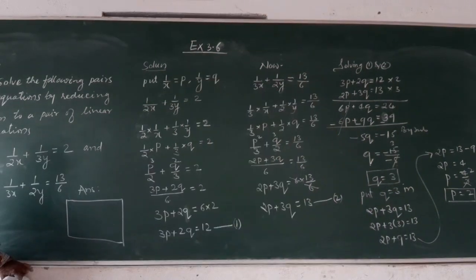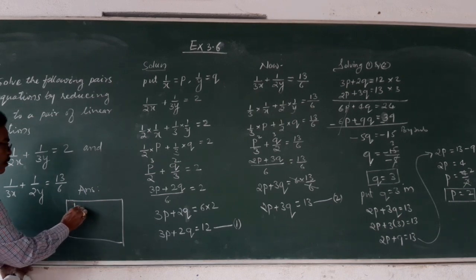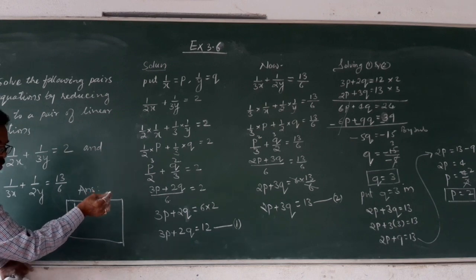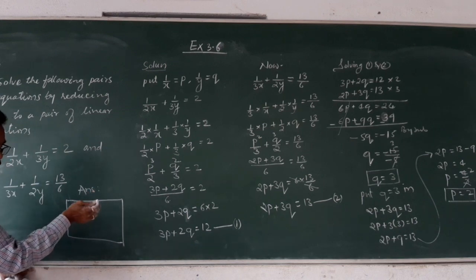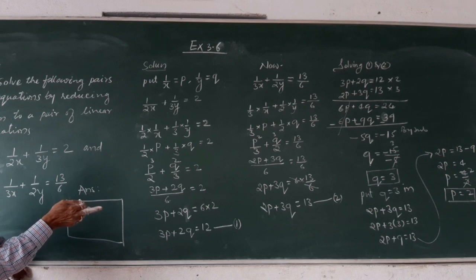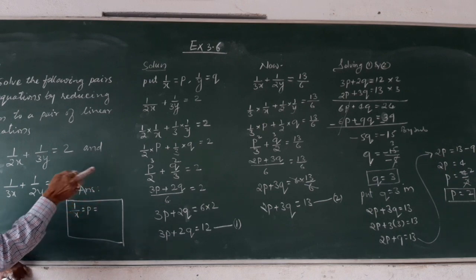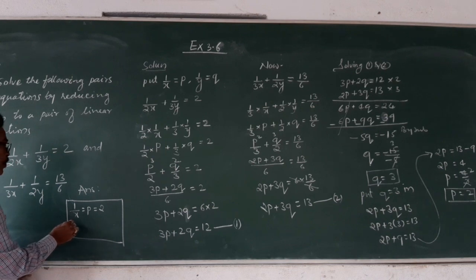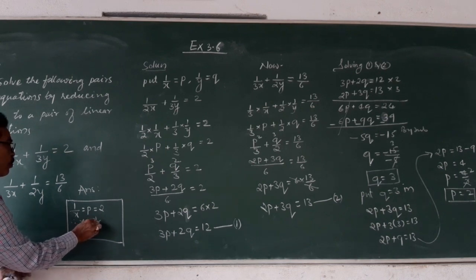Now 1 by x equals p, and p equals 2, therefore x equals 1 by 2.